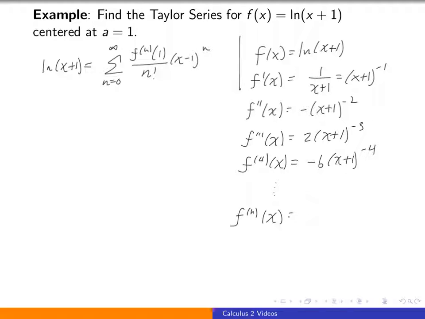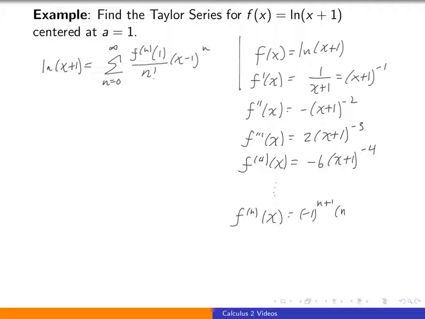So in general, I'm seeing the following. f prime: positive coefficient, then negative, positive, negative. So we're going to have a minus 1 raised to a power, and because we start off at the first derivative positive, it's going to be n plus 1. Furthermore, we see the numbers 1, 1, 2, 6, and so on. And note that 6 is really 3 factorial, 2 is 2 factorial, 1 is 1 factorial, 1 is also 0 factorial.